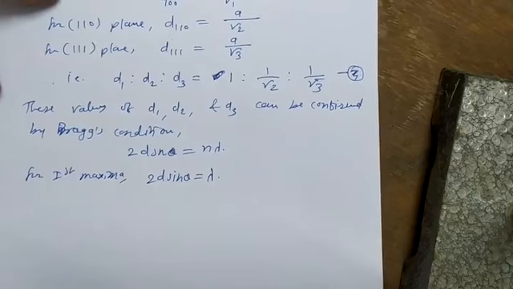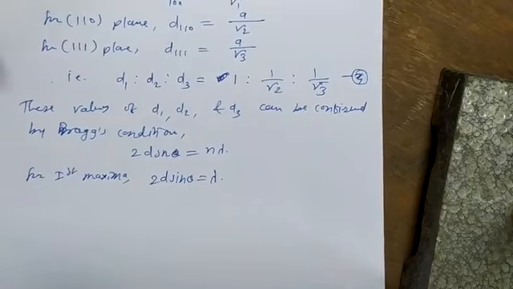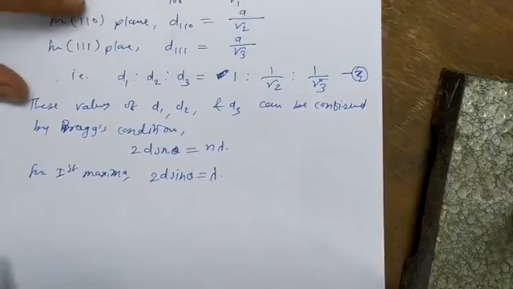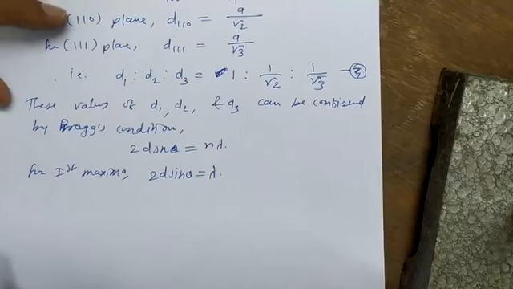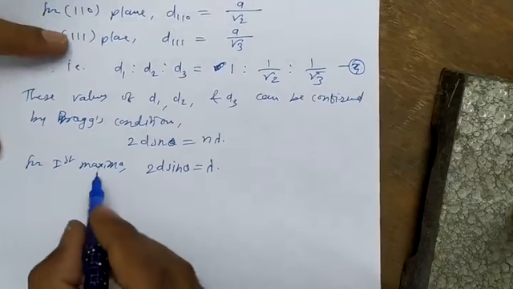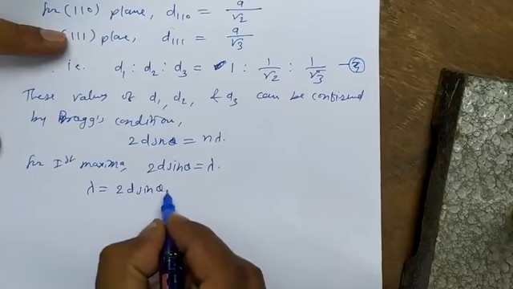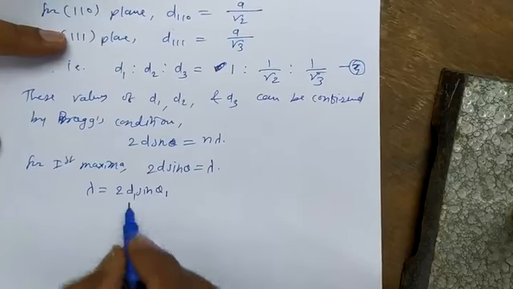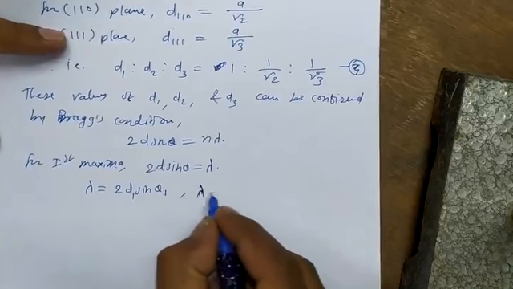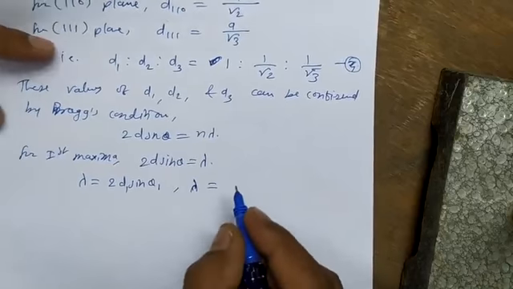Therefore, for diffraction from the three planes, 100, 110 and 111, we can write lambda equal to 2 d1 sin theta 1. Lambda is constant, as it is monochromatic X-ray in the powder method.